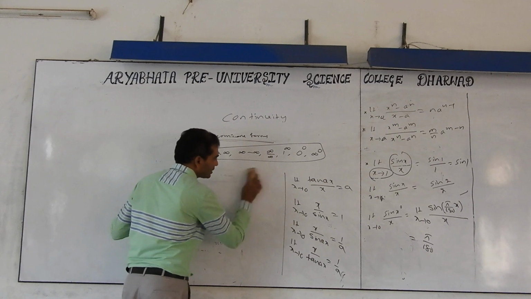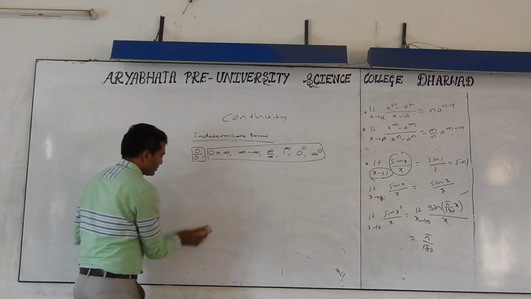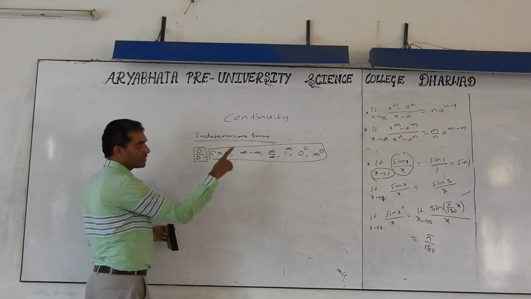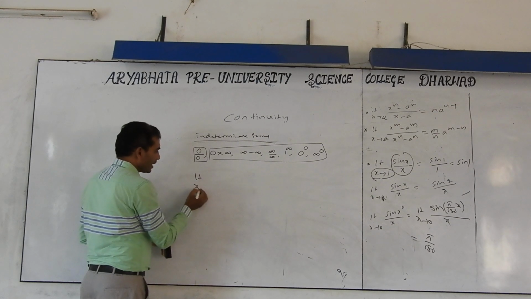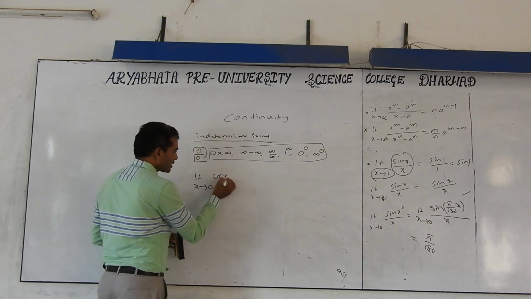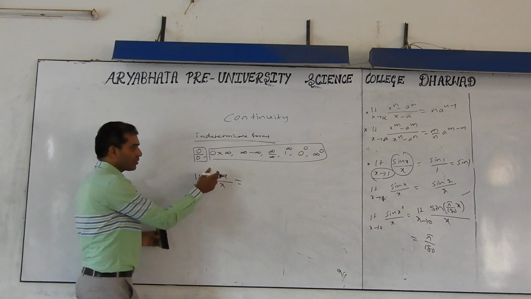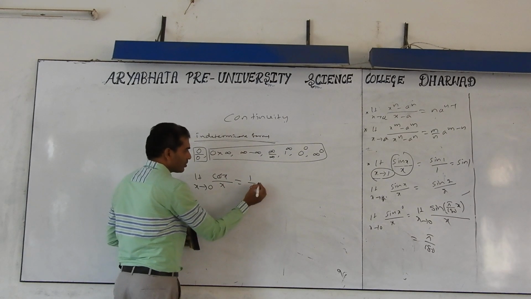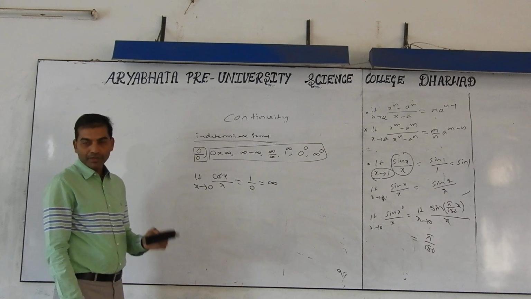These are standard limits. Now limit x tends to 0 cos x by x. Put cos x equal to 1, so 1 by 0, which is infinite. This is called an infinite limit, but not an indeterminate form.